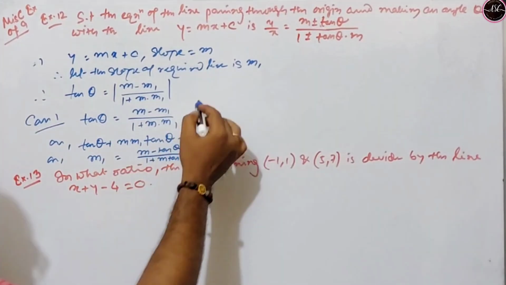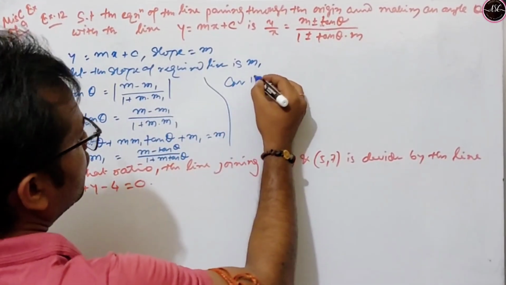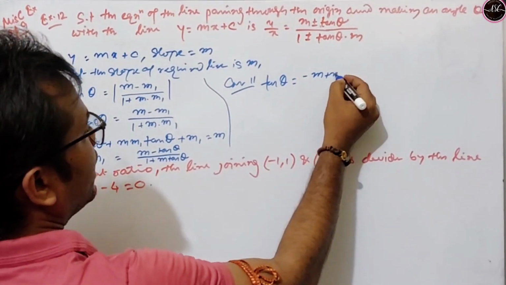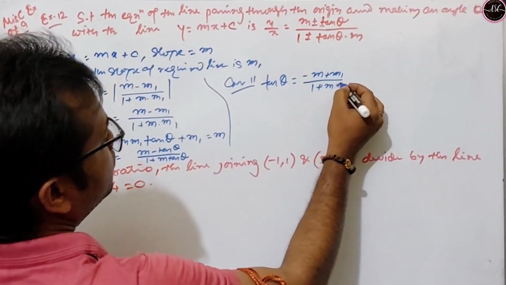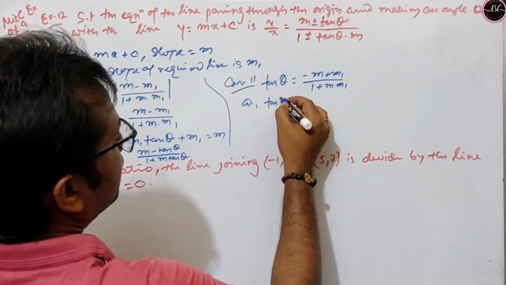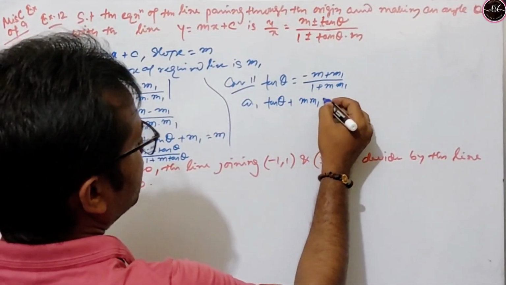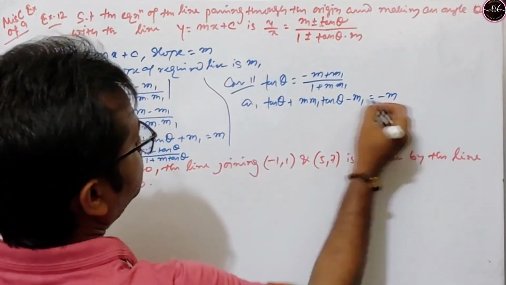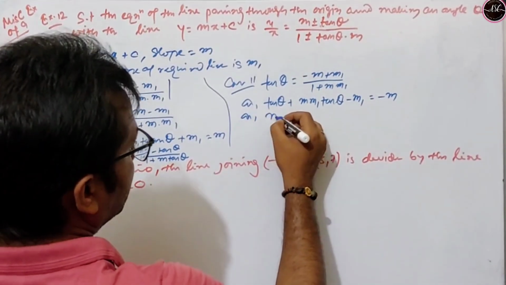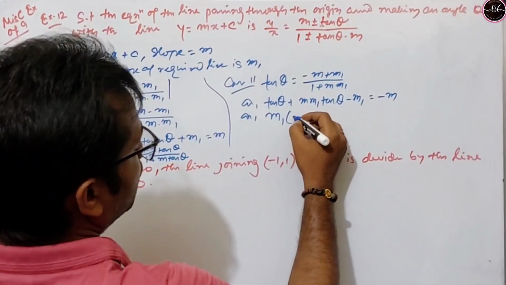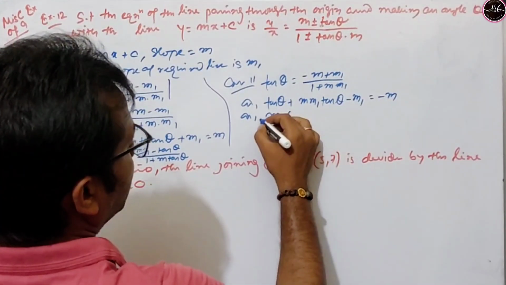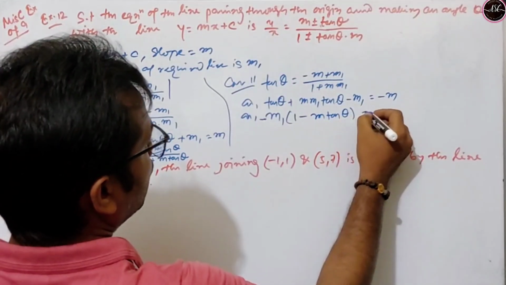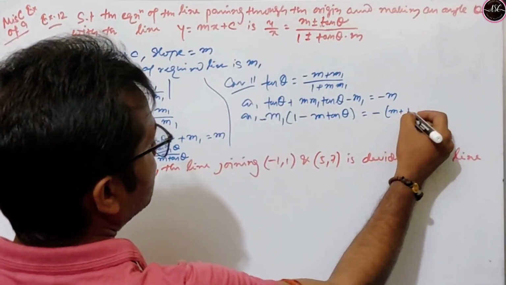Okay, this is case 1, and in case 2 we can write tan theta equals minus of (m minus m1) divided by (1 plus m m1), or tan theta plus m m1 tan theta equals minus m plus m1. Taking m1 common, m1 times (1 minus m tan theta) equals m plus tan theta.